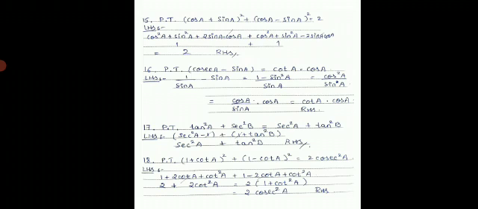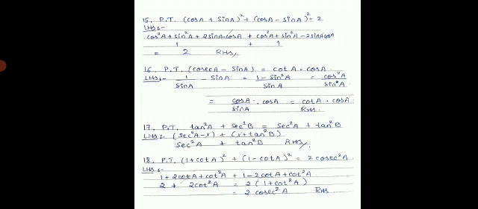Okay, next question. Prove that tan²A + sec²B is equal to sec²A + tan²B. Here use the basic identity for these two terms by taking LHS. You can also take RHS here.